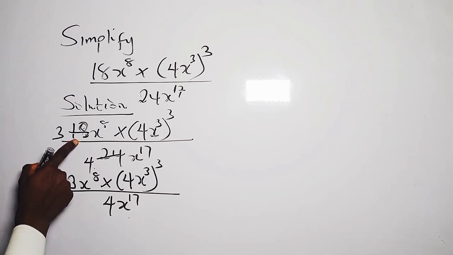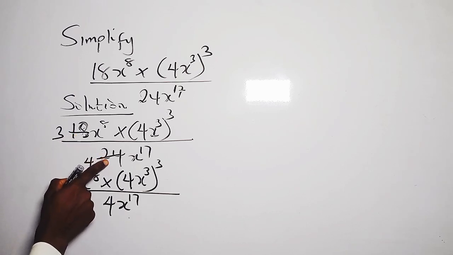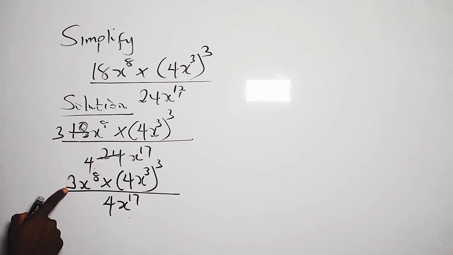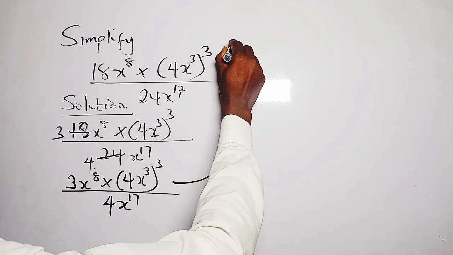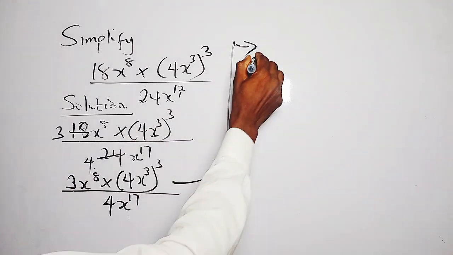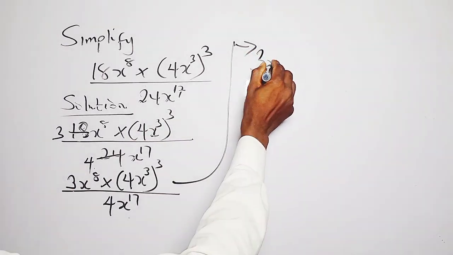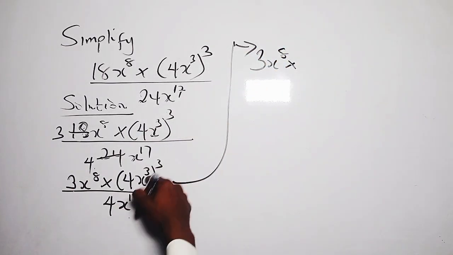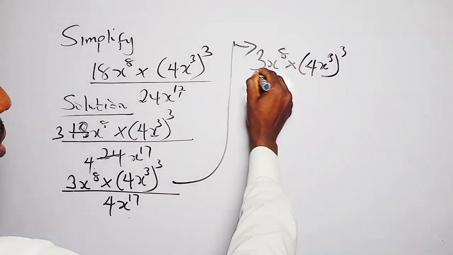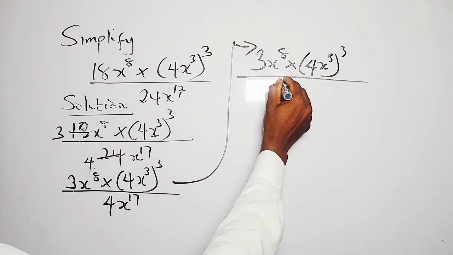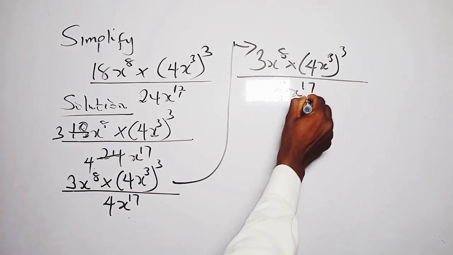As a result of simplifying 18 and 24 using 6, we have 3 for 18 and 4 for 24.